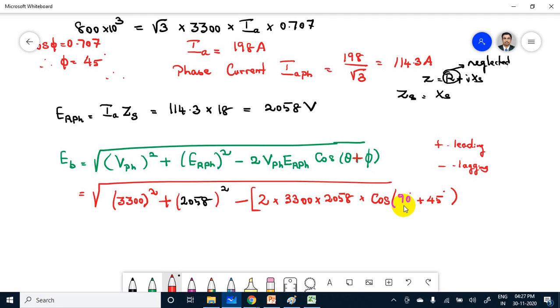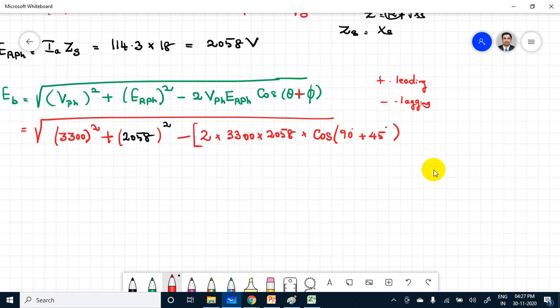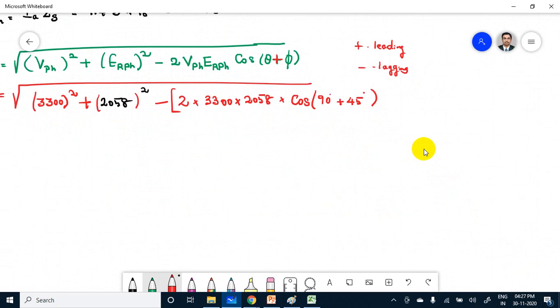How do I draw this 90 degrees? This is the terminal voltage V phase. Since it is leading, this is my IA. This one we have measured as 45 degrees.